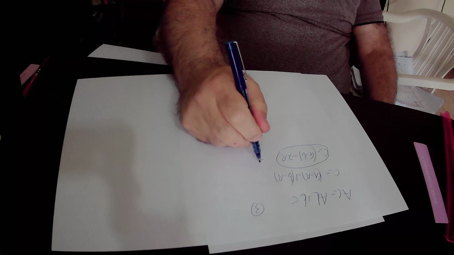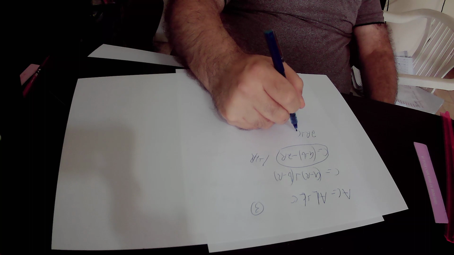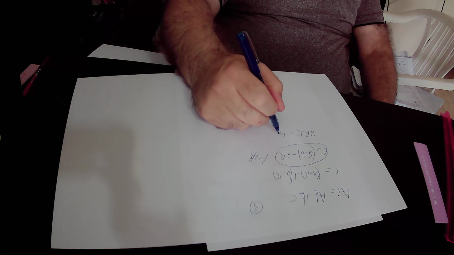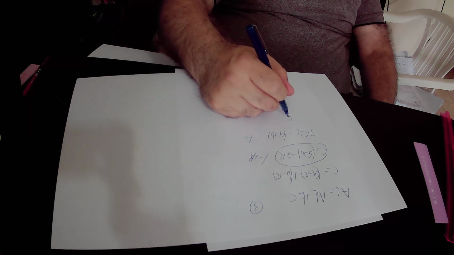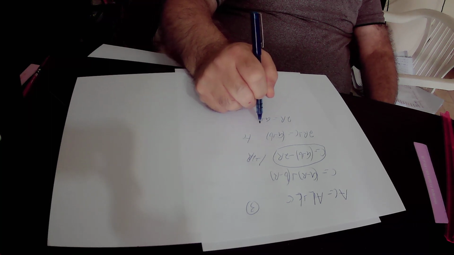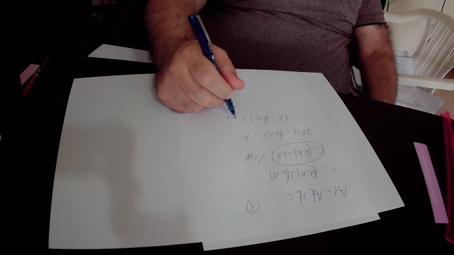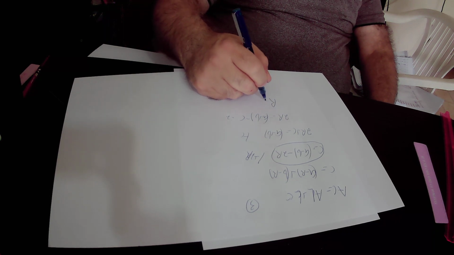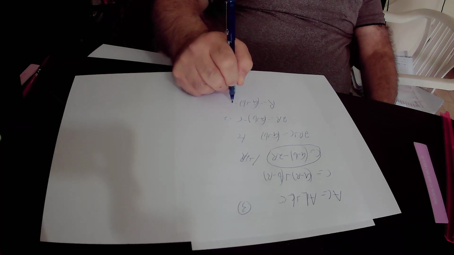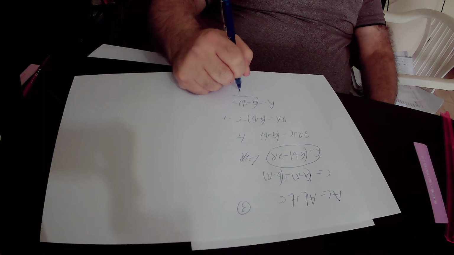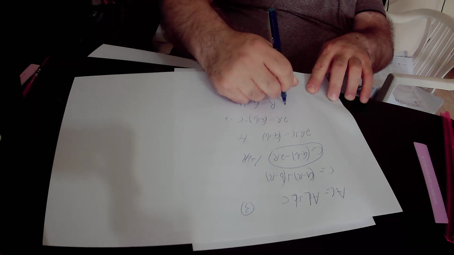We add 2R to this equation, and we get that 2R plus C equals A plus B. Here we subtract C from this equation, and we get that 2R equals A plus B minus C. We divide this equation by 2, and we get that the radius we are looking for is equal to A plus B minus C over 2.